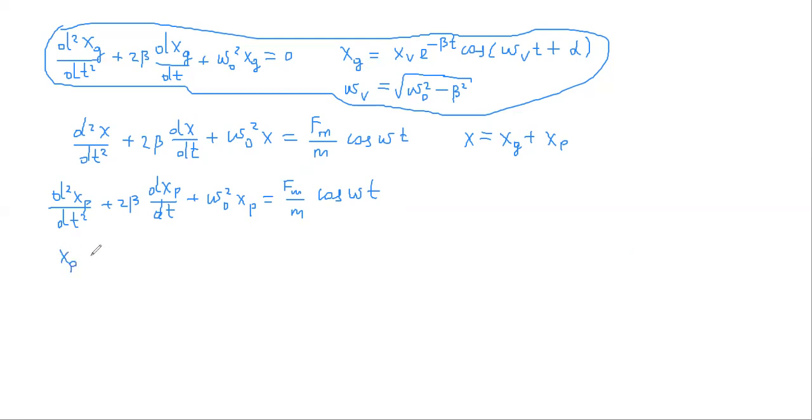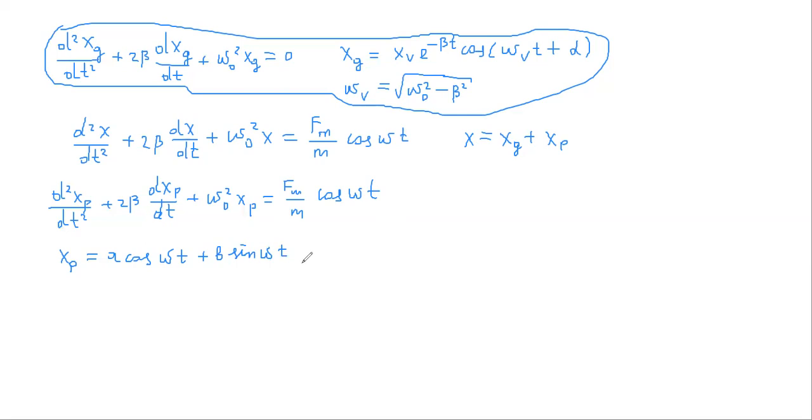xp is equal to a multiplied by cosine omega t plus b sine omega t.